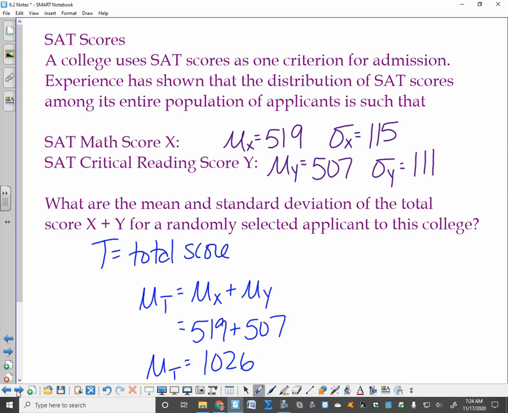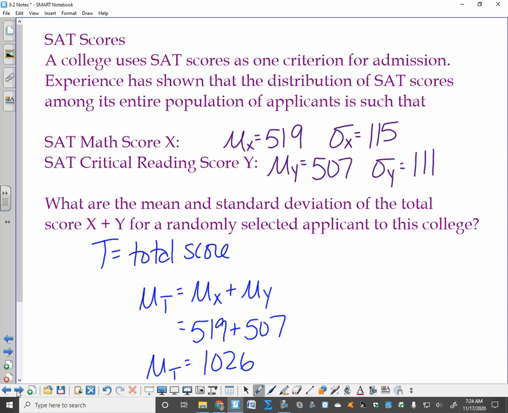Experience has shown that the distribution of SAT scores among its entire population of applicants is such that the math score is X, so mu sub X is 519, sigma sub X is 115, and the critical reading is Y, mu sub Y is 507, and sigma sub Y is 111. What are the mean and the standard deviation of the total score, X plus Y, for a randomly selected applicant to this college? Well, to find the mean, I just add them together.